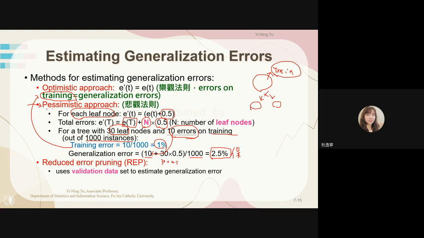Also, we call that pessimistic, 保守型悲观的. And also, we can divide into two parts. The REP method means we have two parts, one for testing, one for training. Okay, understand? And today I will give you another method.